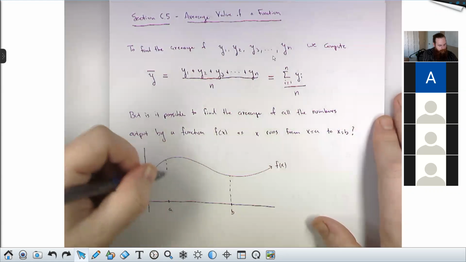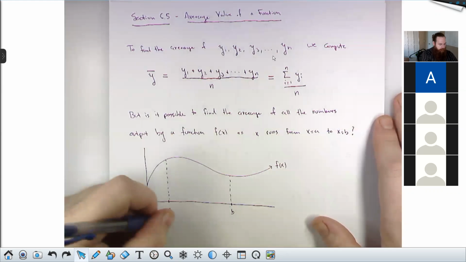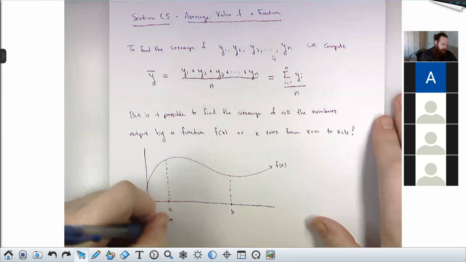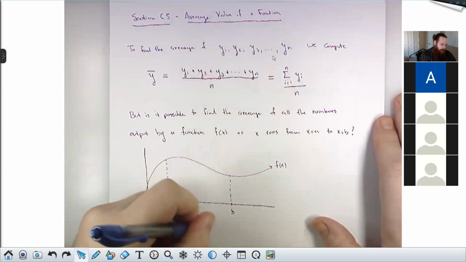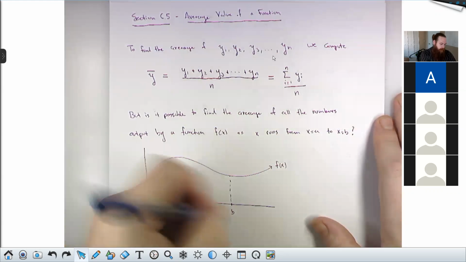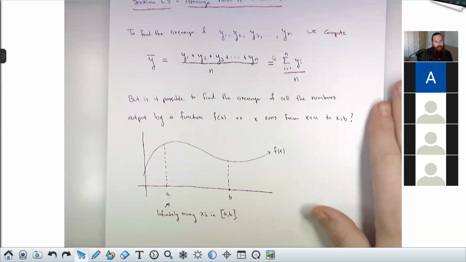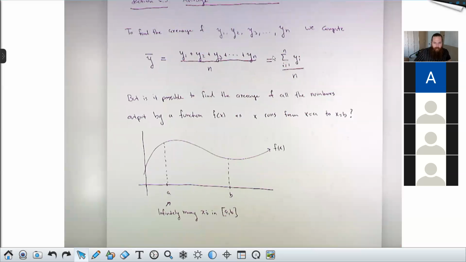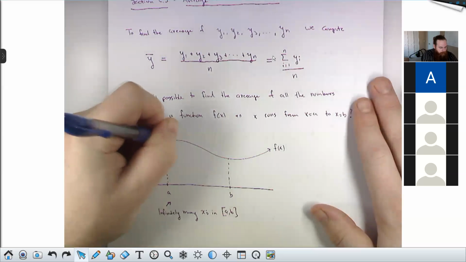So what I would like to do, you know, there's infinitely many x's in here. In the interval a to b, any interval has infinitely many x's in it, or numbers in it, which means there's infinitely many y values up here.